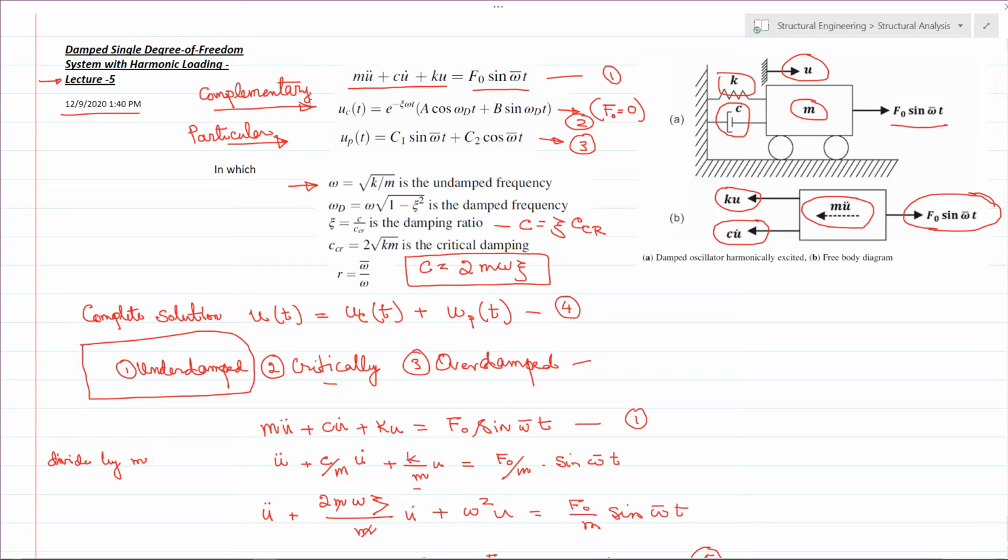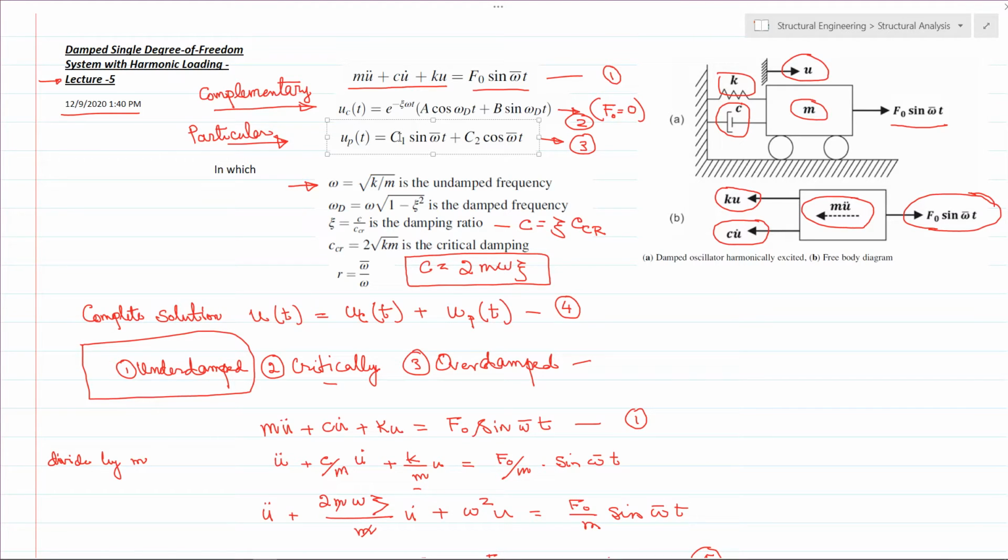In these two solutions, that means the complementary solution and the particular solution, the complementary solution is also known as transient state, and the particular solution is also called steady state. Since this is an under damped system, after some time the transient part will not have a significant impact on the overall performance of the system, but the particular solution is very important. So let us deal with this system.